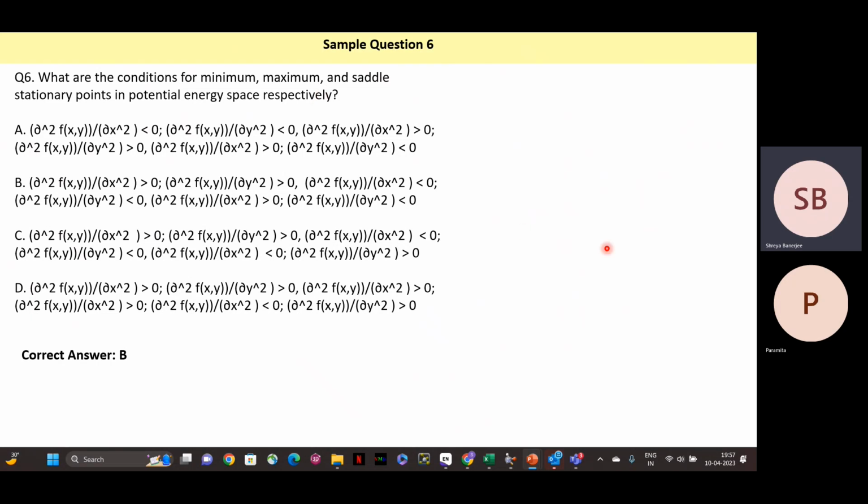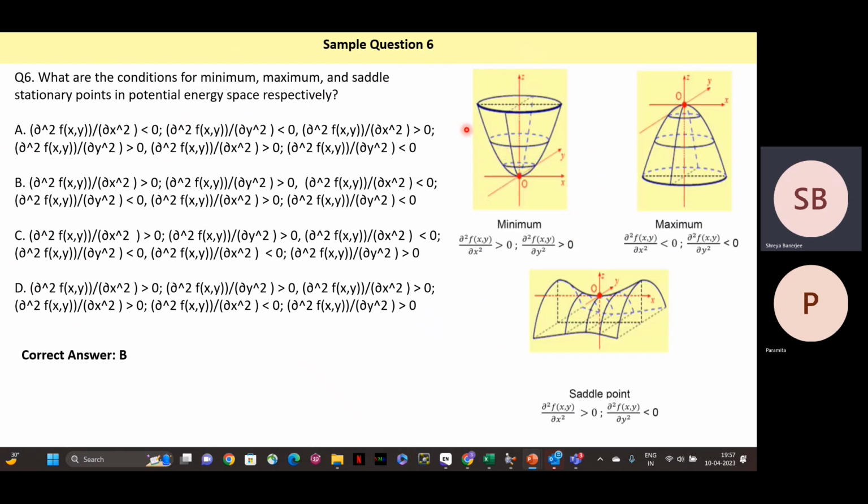So the correct answer is B. If we recap what we learned, for the minimum, the double derivative of energy with respect to both x and y has to be greater than 0, or positive. For maximum, both have to be less than 0, or negative. For the saddle point, one has to be greater than 0 and one has to be less than 0. So option B is the only one where for minimum, greater than 0, greater than 0. Maximum, less than 0, less than 0. And saddle point, one is greater than 0 and one is less than 0. So the correct answer is B.